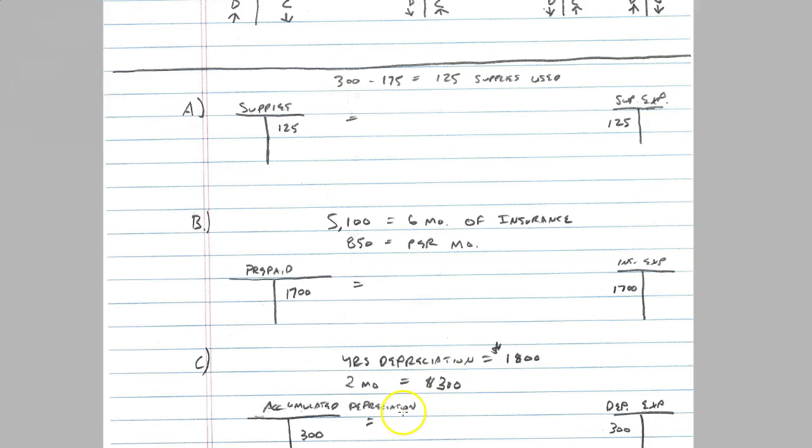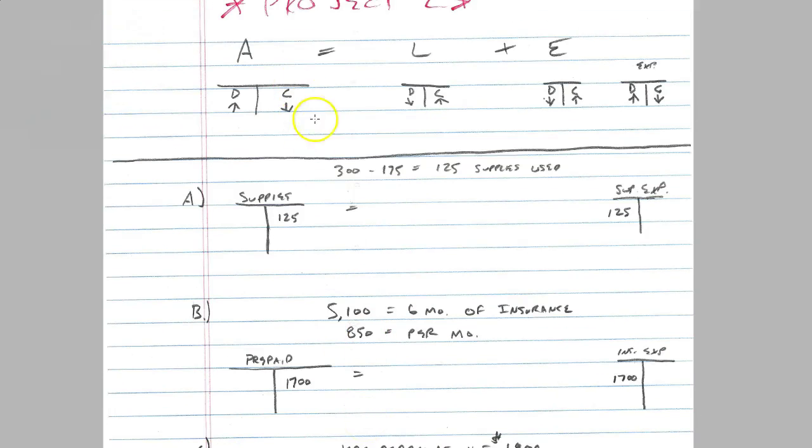You don't need to know all that part. Just know that accumulated depreciation lives on the asset side of the equation, right next to its buddy, and its buddy is the thing that you're depreciating. In this case, it's the office equipment. So it lives with the office equipment.